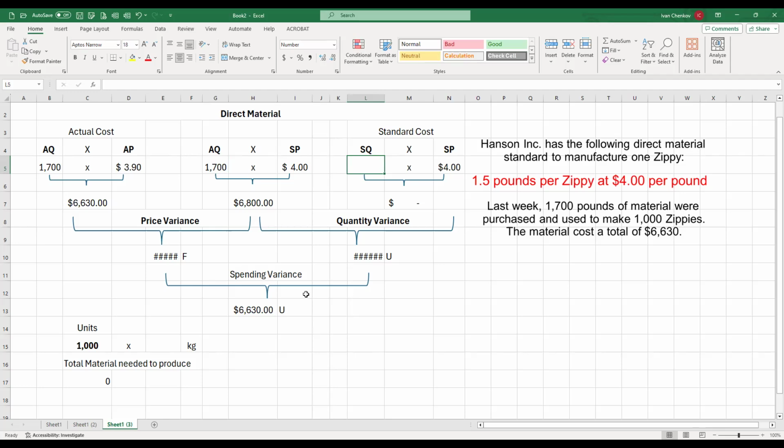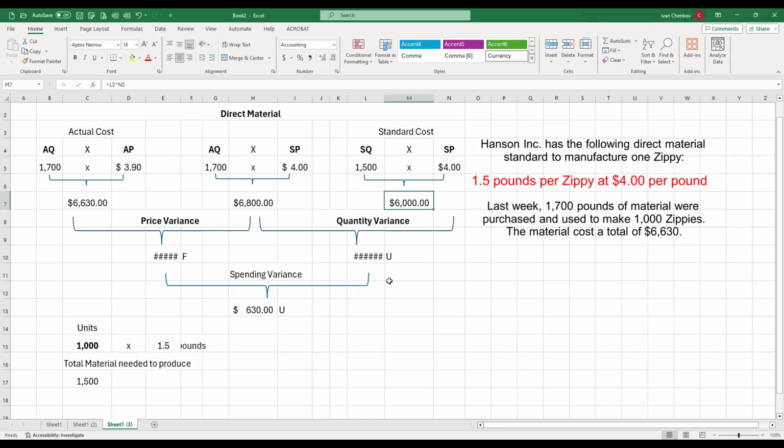Based on our standards, in order to produce 1,000 units, how many pounds do we need to use? 1.5 pounds per unit, which is going to give us 1,500 pounds, correct? So 1,500 pounds is our standard quantity.